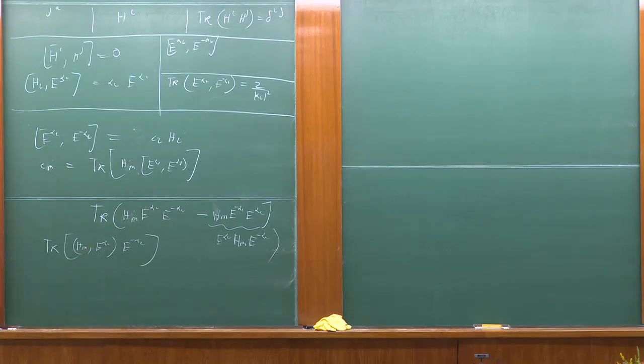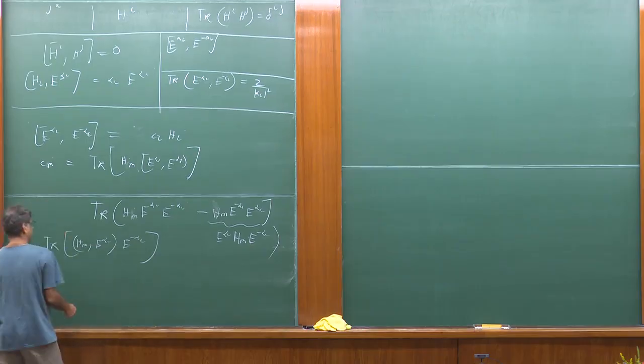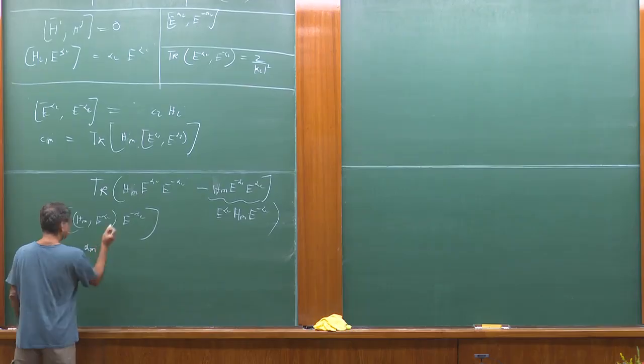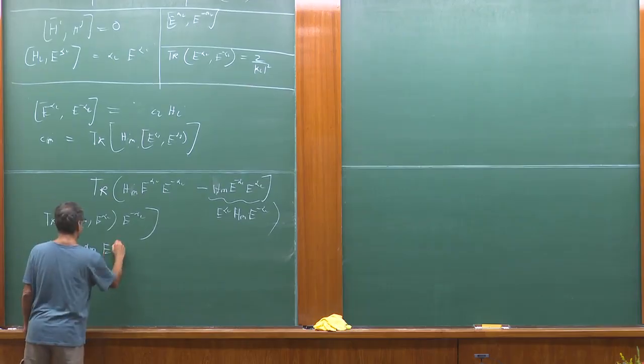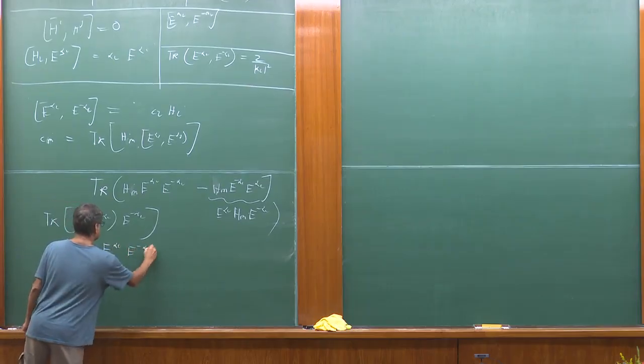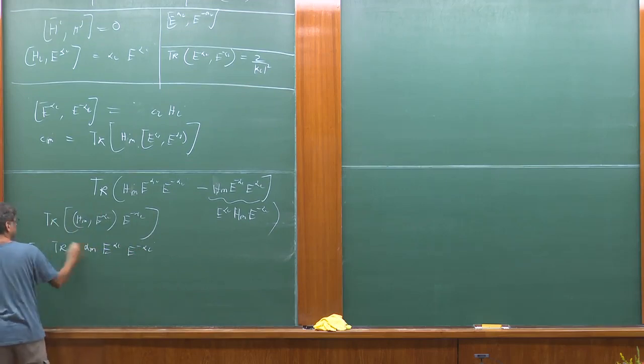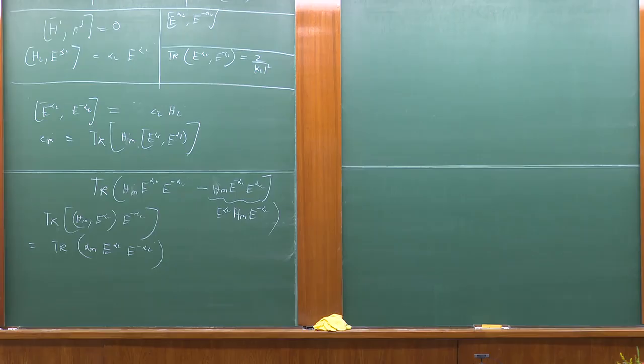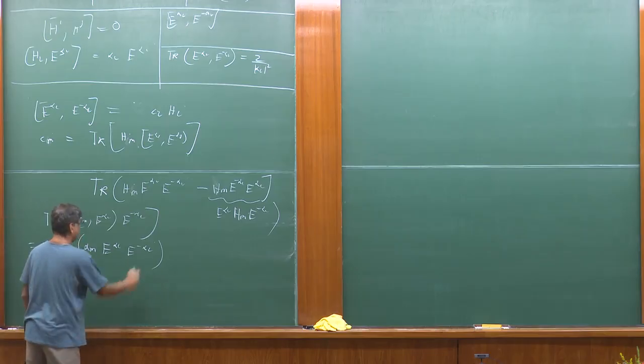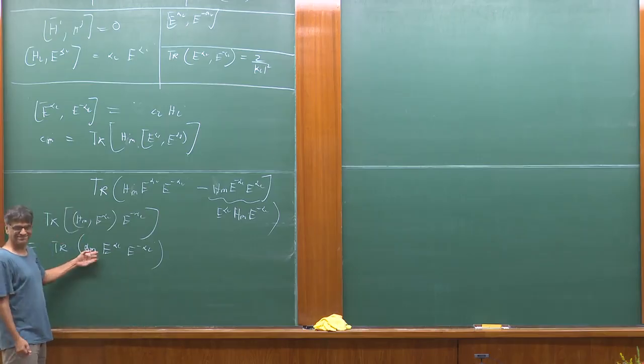Now, the commutator of Hm with E alpha I is alpha m E alpha I. So this is equal to the trace of this. And this quantity, so now this is just a number.